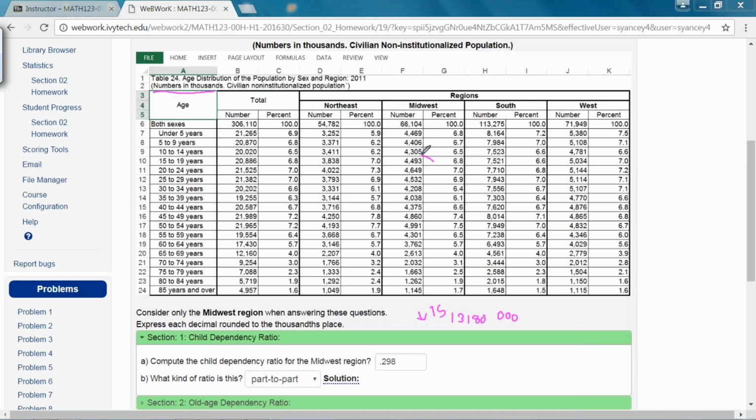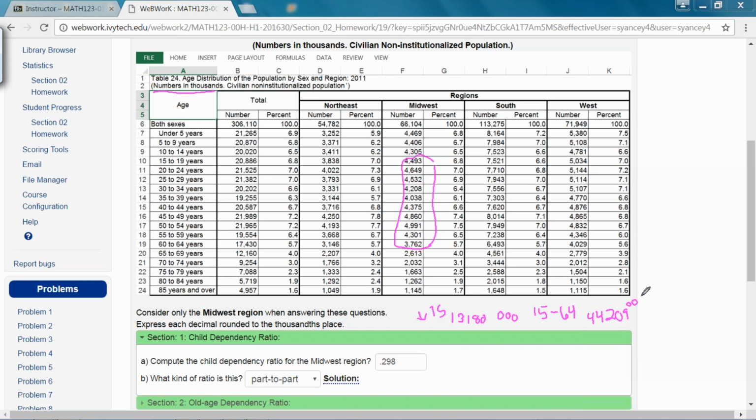For the 15 to 64 is my working class that they get divided by. I add those, and that became 44,209. And the 3 zeros.